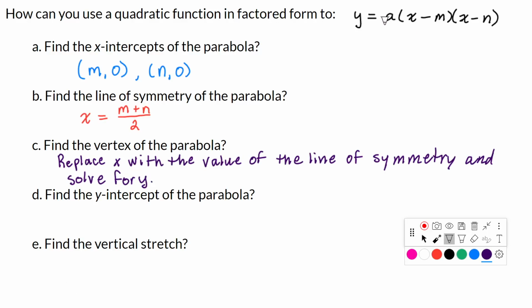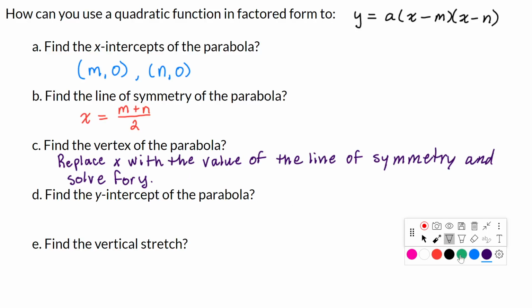So we've got this equation in factored form. You'll replace the x values in this factored form with the value you get when you find your line of symmetry, and then you'll simplify the expression to get y. And you'll combine the x value with the y value you find to write your vertex.